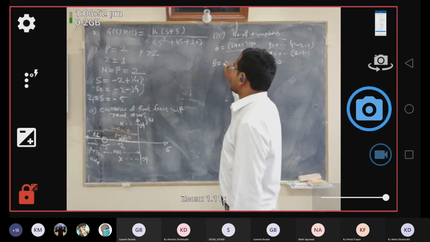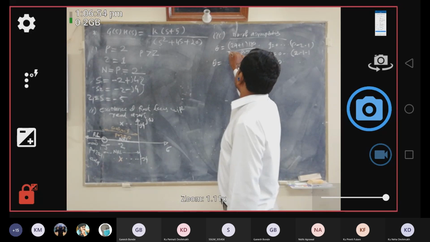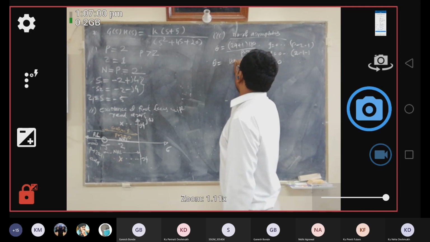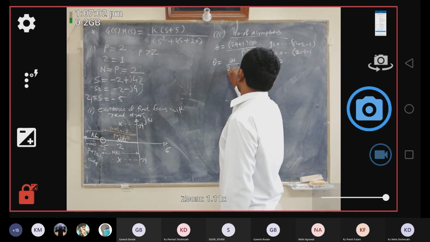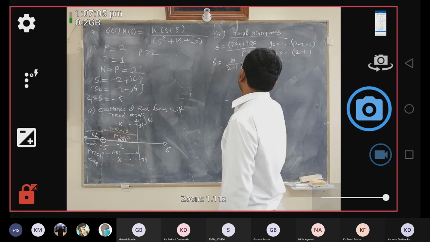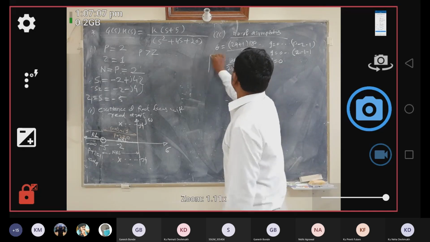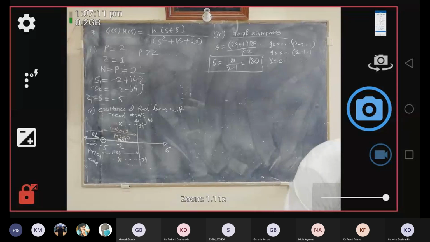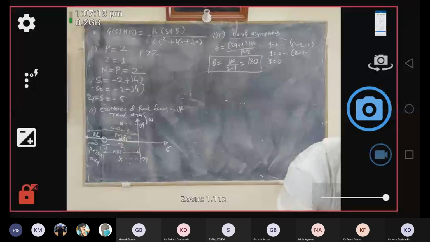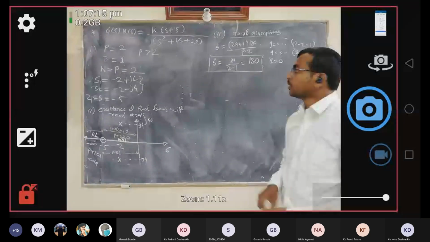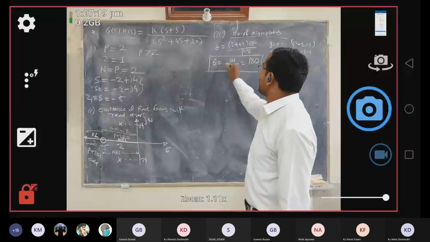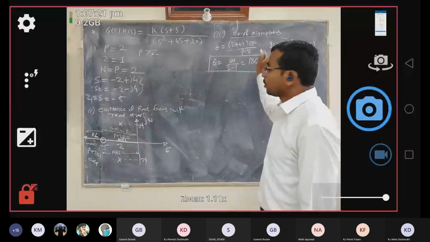So theta, when q is equal to 0, is 180 by p minus z. P is 2, z is 1. So theta is 180. So angle of asymptotes, one asymptote's angle will be there, and its angle theta 1 is equal to 180.